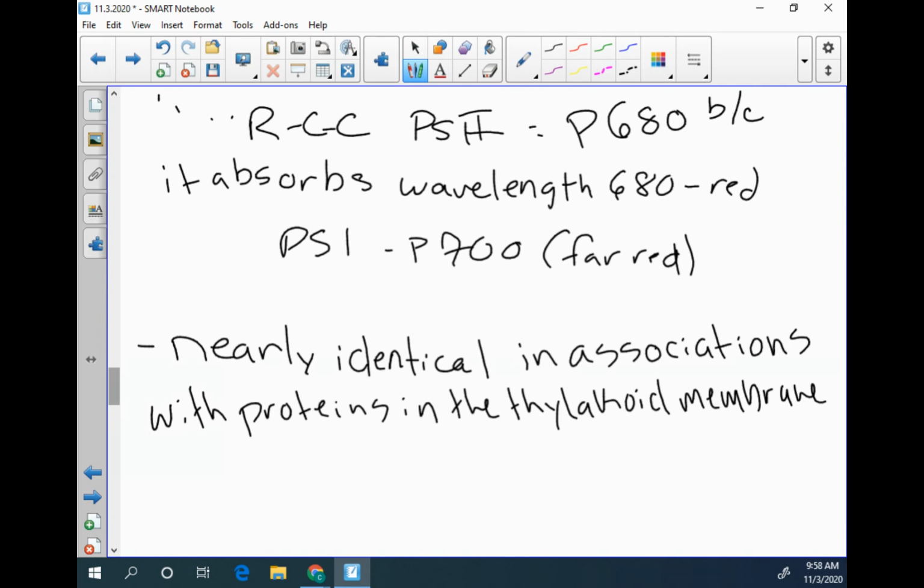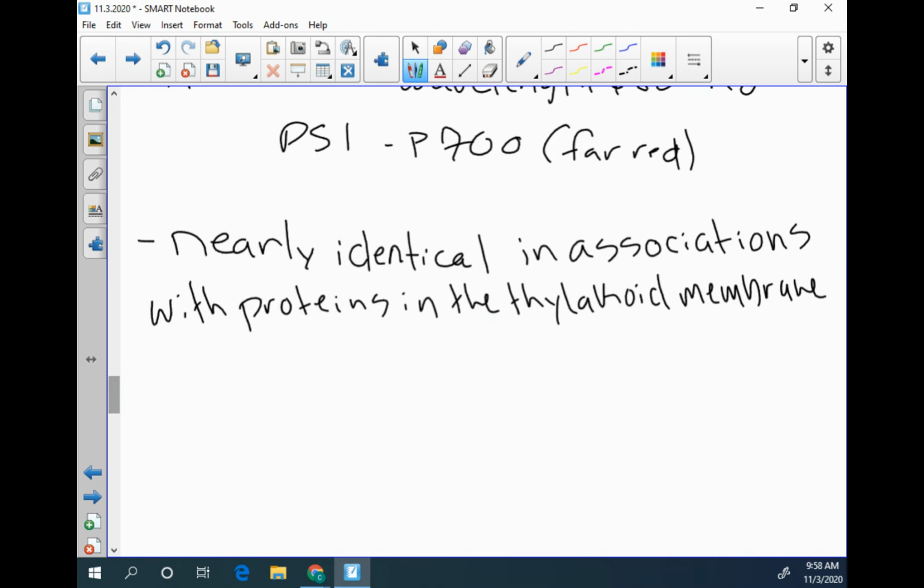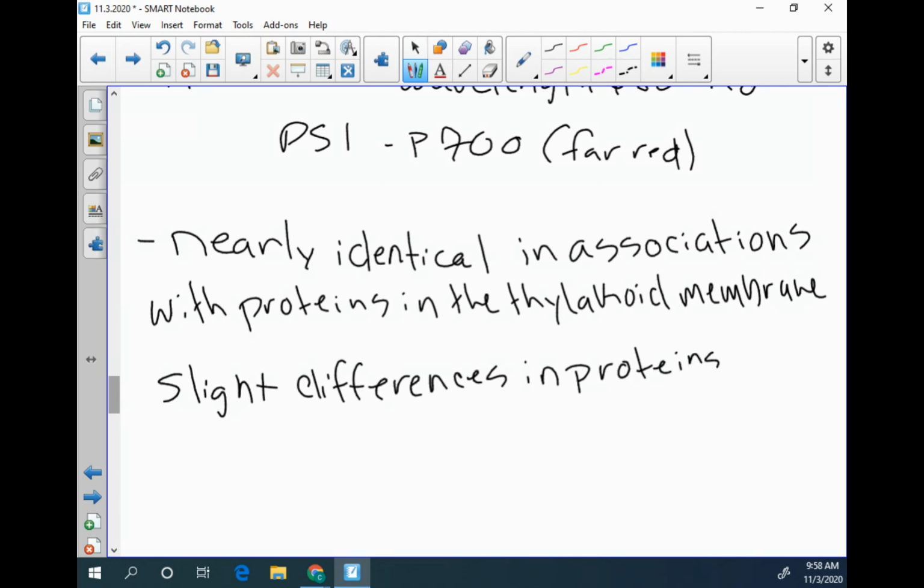It is the slight differences in the proteins that they are associated with that affect electron distribution.